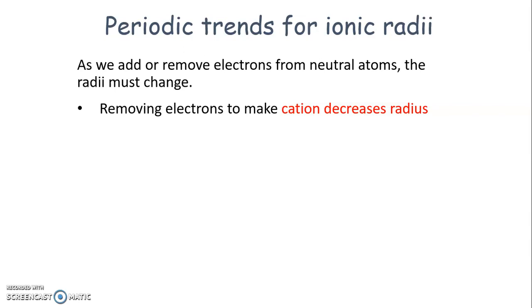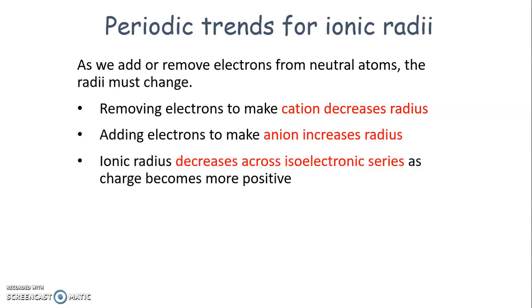Well, basically you're increasing it, because although the valence electrons don't screen anywhere near as much as the core electrons, they screen a little bit. So if you have an effective nuclear charge of 2 that's only binding one electron, that's going to be pulled in tighter and the radius is going to decrease. So removing electrons to make a cation decreases the radius.